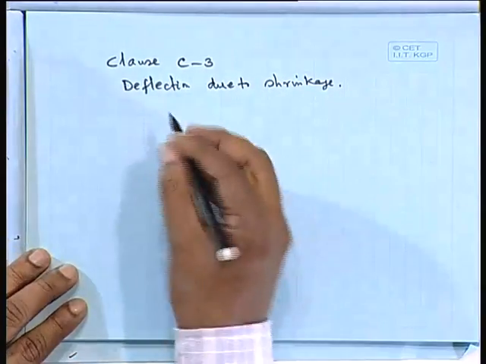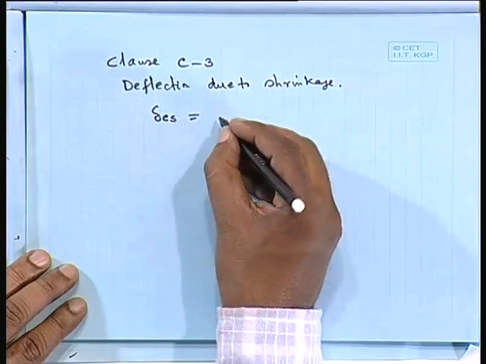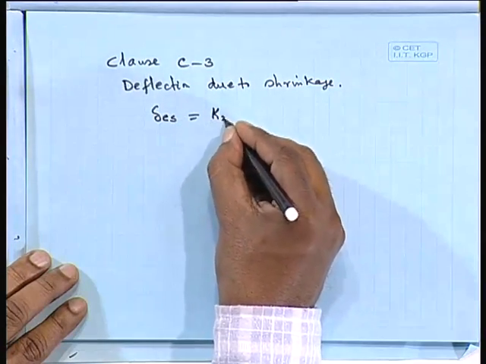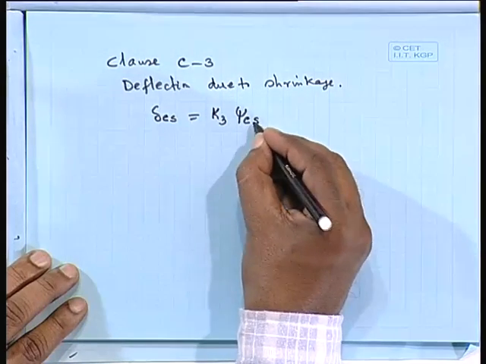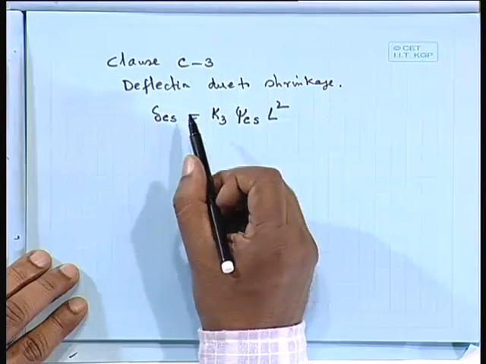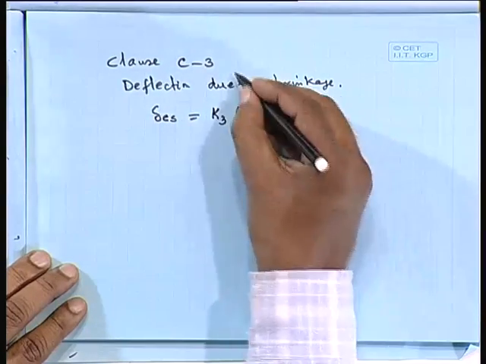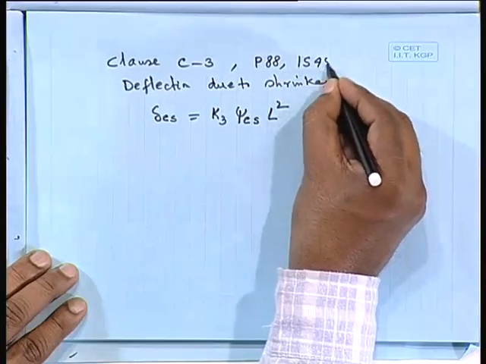What we shall do here, say delta CS, let us say equal to K3 psi CS L square, that is the formula which is given in clause C 3.1 page 88 IS 456.